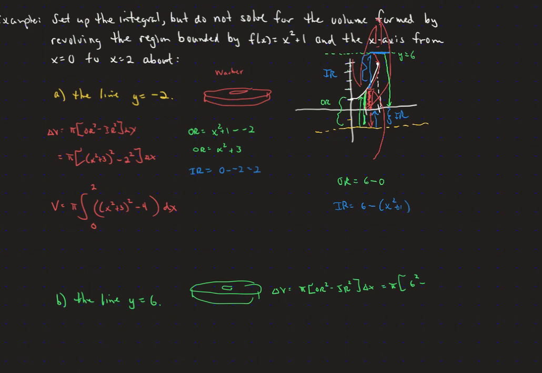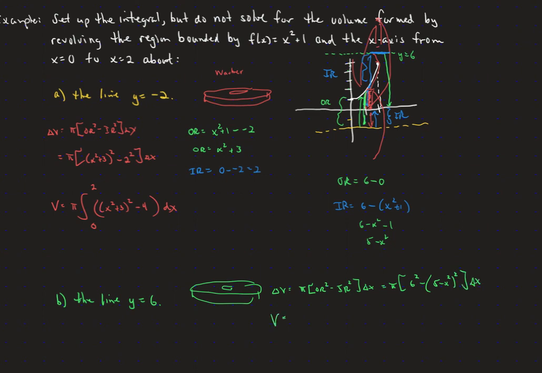That's going to be that y value distance right there. We can even just leave it like that because we're just setting up our integral, but let's go ahead and distribute it. 6 minus x squared minus 1 is going to be 5 minus x squared. So that'll be 5 minus x squared, squared, delta x.